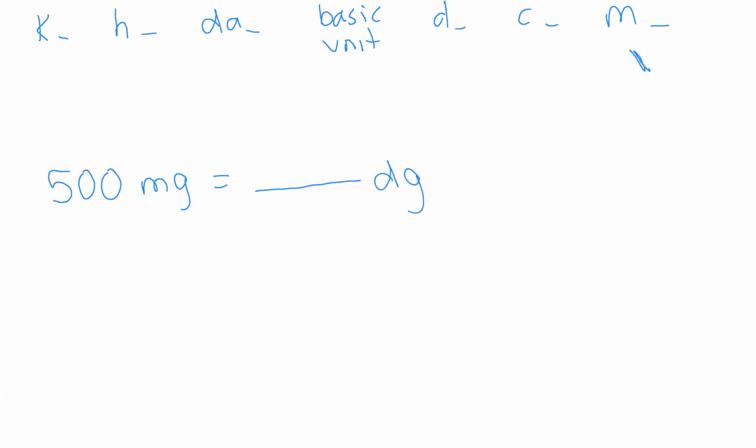So milligrams is over here on the far right. To get to decigrams, I want to move to the left 1, 2 times. So I take my number that I'm starting with, the 500 milligrams. If you do not see a decimal point, you always assume it is at the end. And we want to move it to the left 1, 2 times. So 500 milligrams is equal to 5 decigrams, which is really that movement of the decimal to the left twice is the same as dividing by 100. All right.